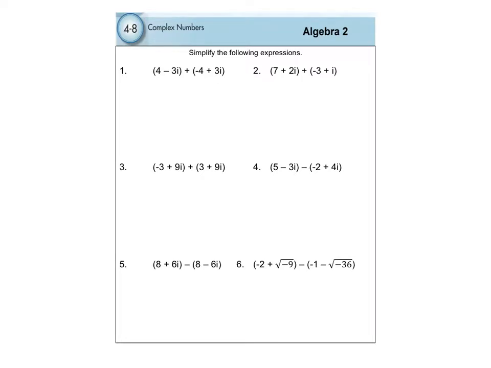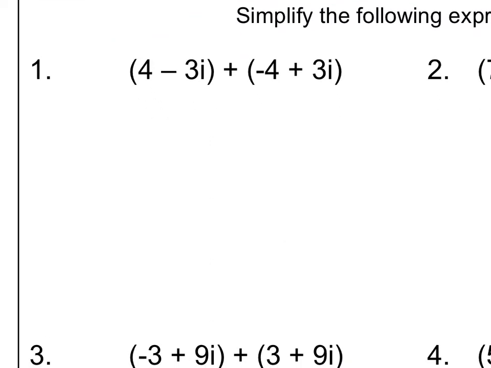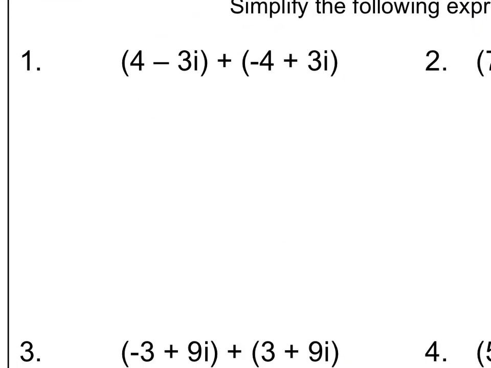First example is number 1, and again, I'm in your 4.8 notes. The very first thing I want to figure out is, is it add or subtract? In this case, we're adding. So all I'm going to do is combine my like terms. I'm going to take my real numbers, 4 and -4, and combine them. That's 0. Then I'm going to take -3i and +3i.